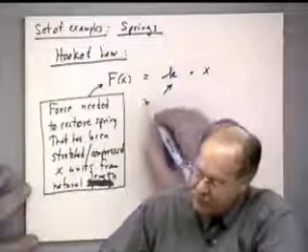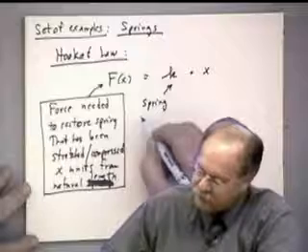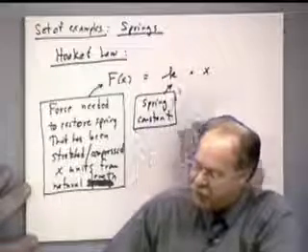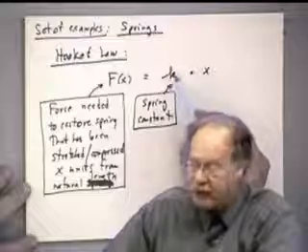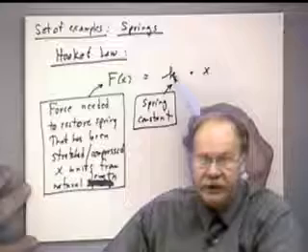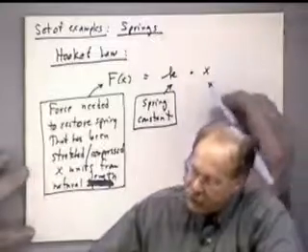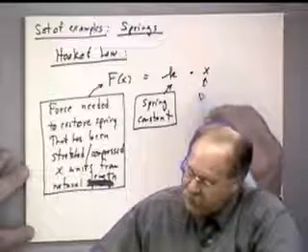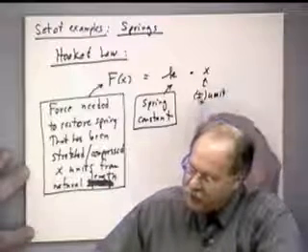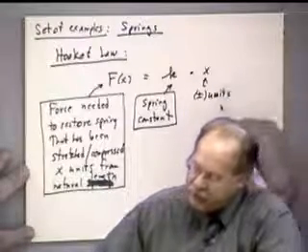The k here is simply called the spring constant. And it varies linearly depending on the spring. If you have a very small spring, like one in a watch, for example, k will be very small. If it's a very large spring, as in a truck, for example, it'll be a larger k. What is x? x, then, are the units which can be plus or minus, because plus means stretch, minus means compression.